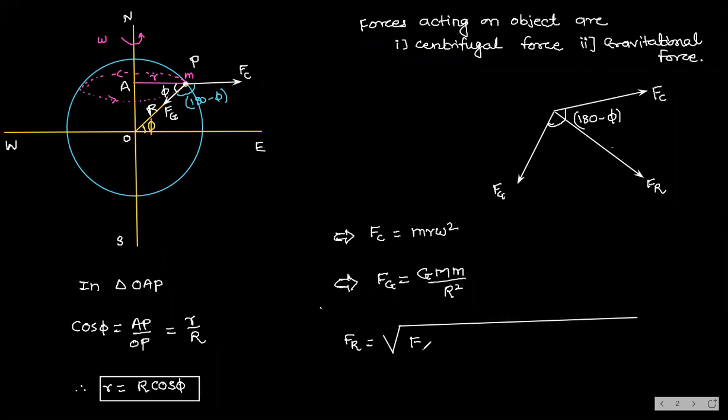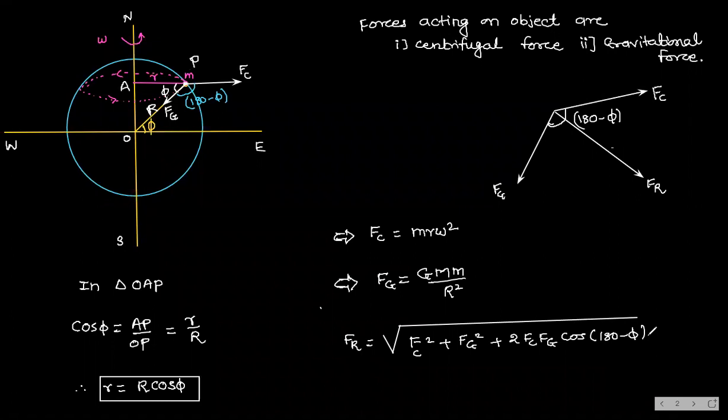So shall I write Fc square plus Fg square plus 2 Fc Fg cos of 180 minus phi?